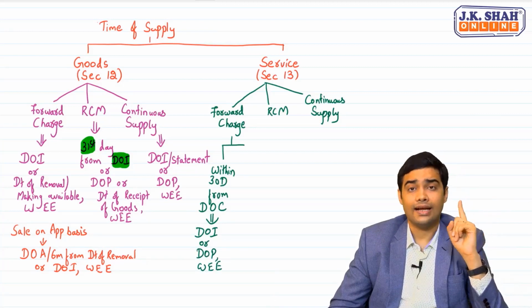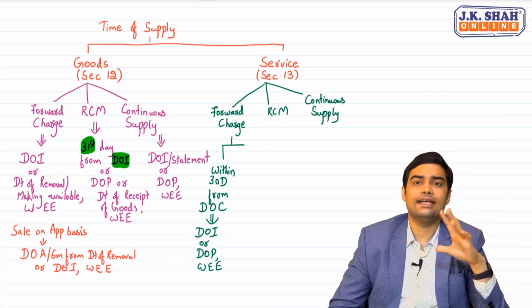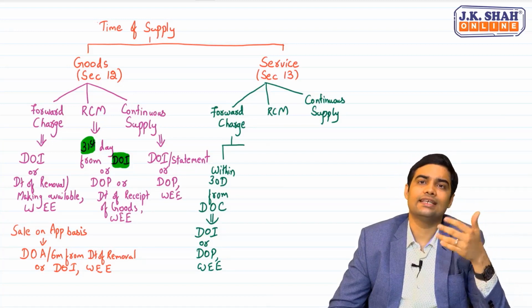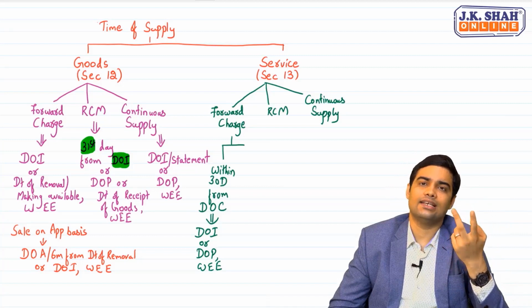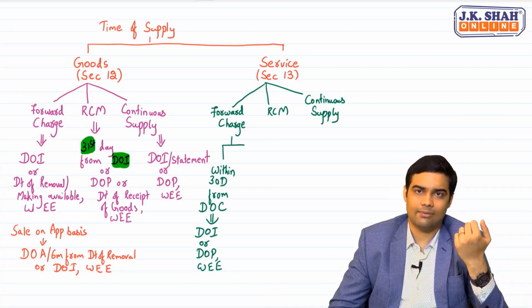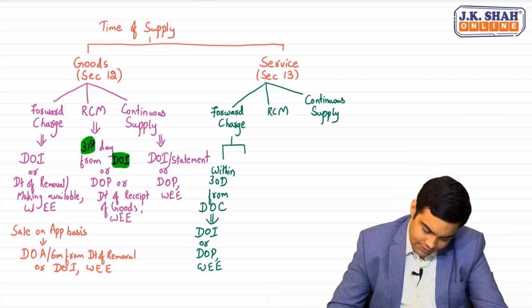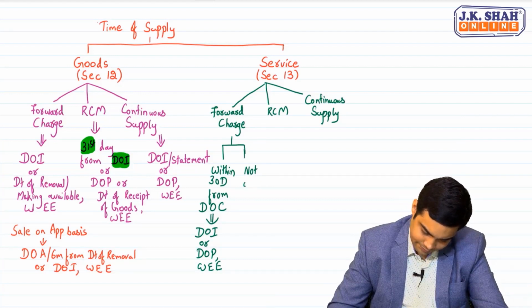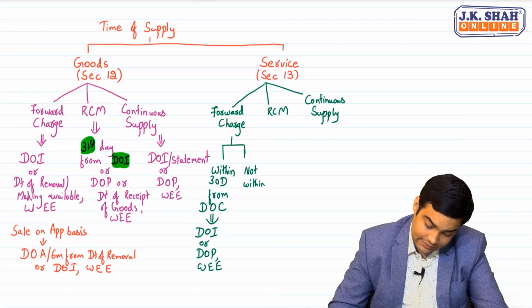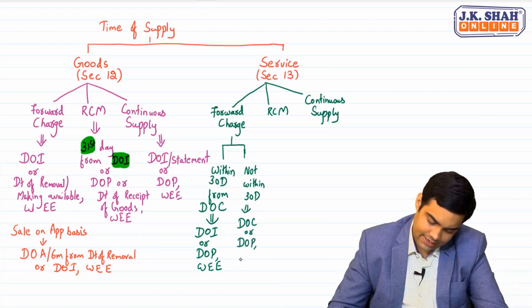Now, remember one thing, this 30 days is replaced by 45 days in case of banks, financial institutions and insurance companies. If it is not issued within 30 days, then the law would use completion date, compare it with payment date, and that would be the time of supply.